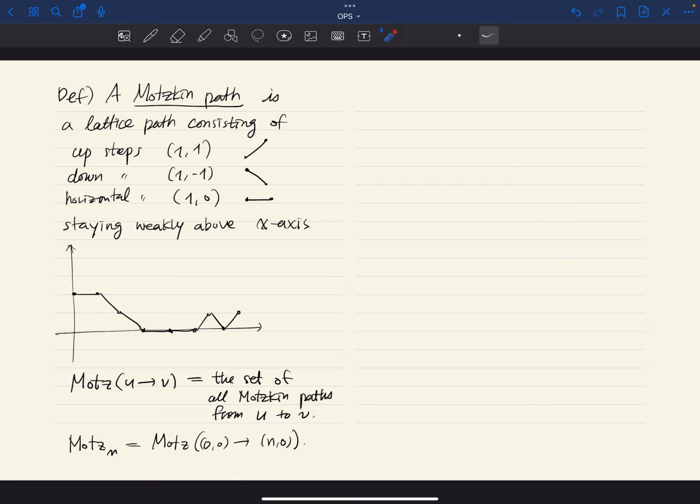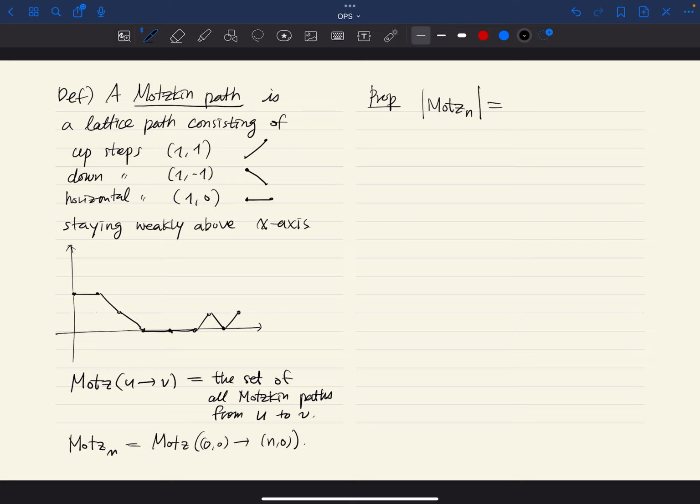Can we enumerate Motzkin paths? What is the cardinality of the Motzkin paths? If you think about it, you can use Dyck paths. So how can you get a Motzkin path from a Dyck path? Just start with a Dyck path and then insert some horizontal steps there.